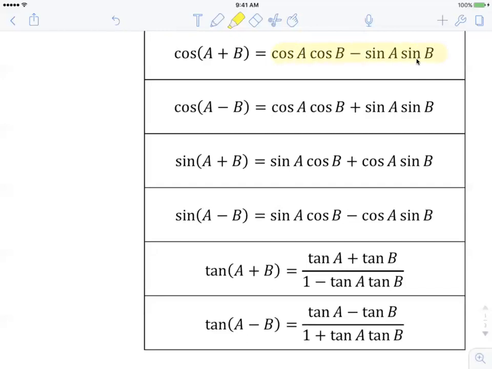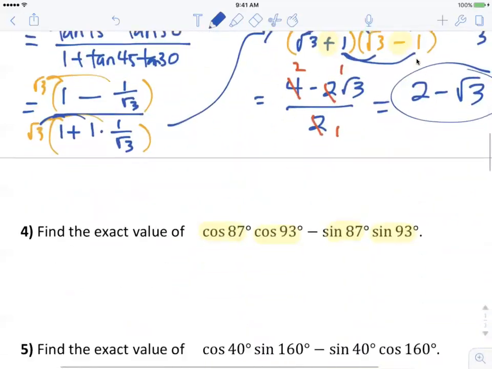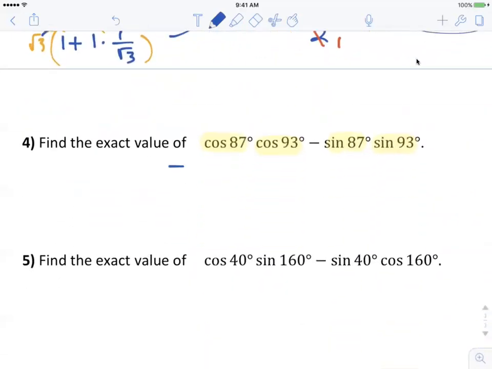So I'm going to use this identity in reverse. I'm going to write it as that. I just have to identify the A and the B, which are the angles. Right? So this one's a cosine, A plus B. So if I go back down, this is just going to equal cosine of A plus B. Okay, and that's equal to the cosine.